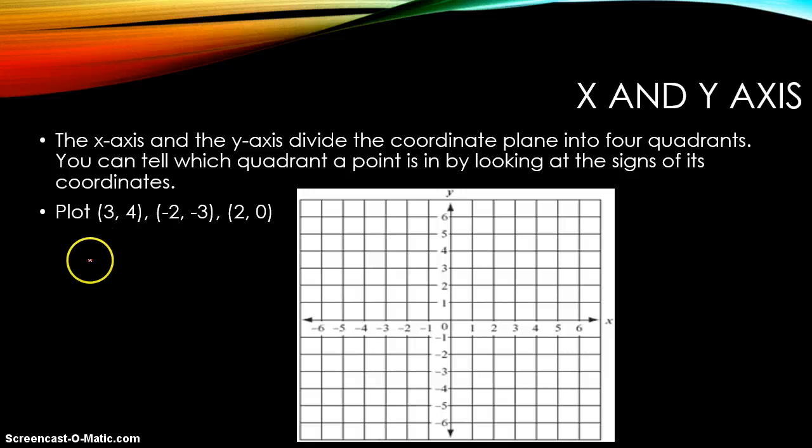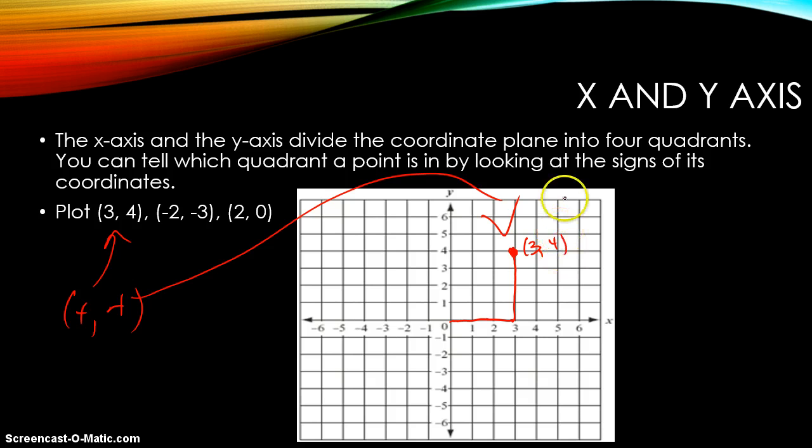Going back to what we just learned, I can look at this point 3, 4 and know that my x is positive and my y is positive, so this is going to be in quadrant 1. Let's plot that point. I go x first, so I run 3, and I go up 4. So my point right there is 3, 4.